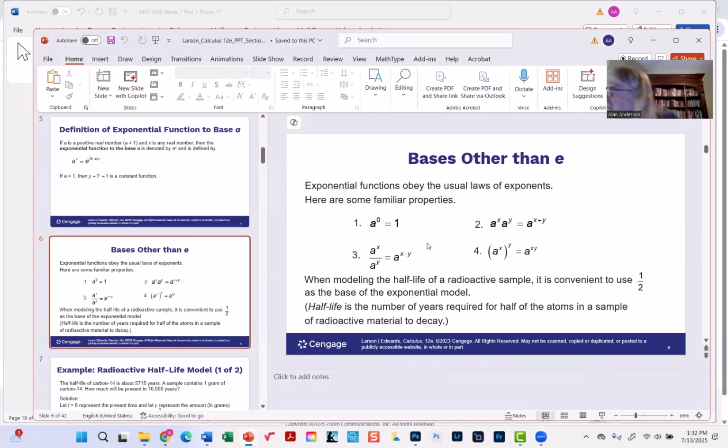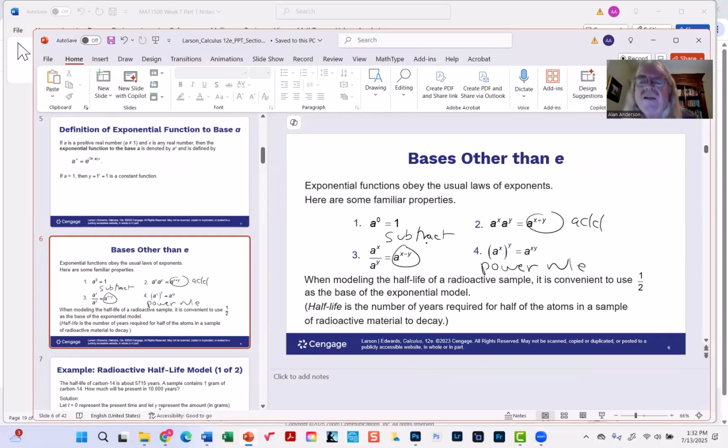So in other words, for this one, we're adding the exponents, and for this one, we subtract. And then finally, now this is the power rule for exponents. And here, if you notice, it's a to the x times y. Okay, that's the only time that we do that.